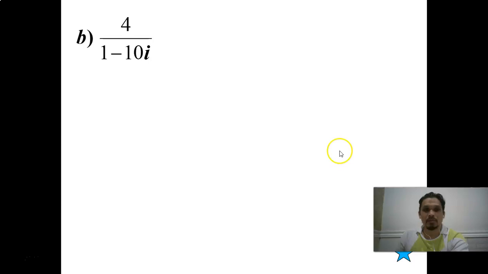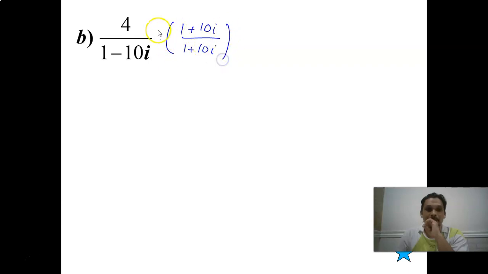So this one here now, multiplied with 1 plus 10i divided by 1 plus 10i. So then 4 times 1 equal to 4. 4 times 10i, 40i.